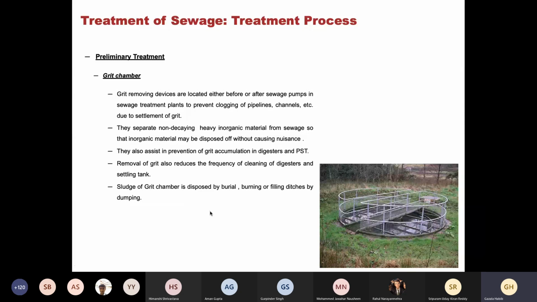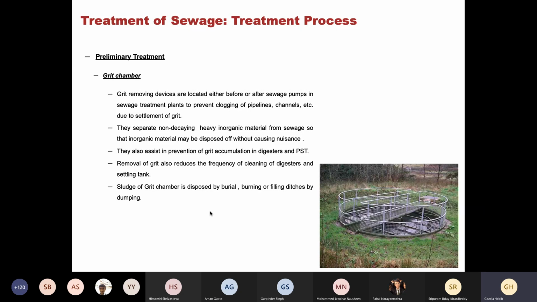Digester is actually a unit process where the bulkiness of the sludge is reduced. Generally the sludge coming out from different unit processes or operations will have just 1% solid and 99% water.